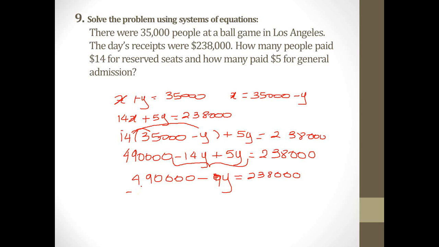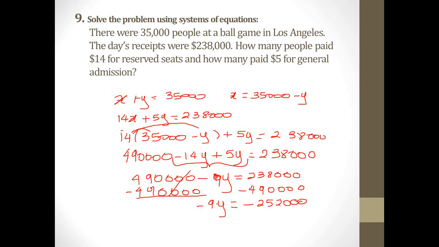So first step is going to be to subtract this from both sides. This cancels. I'm left with negative 9y on this side. 490,000 is bigger, so I'm going to keep the negative sign, and from subtracting those I get negative 252,000.